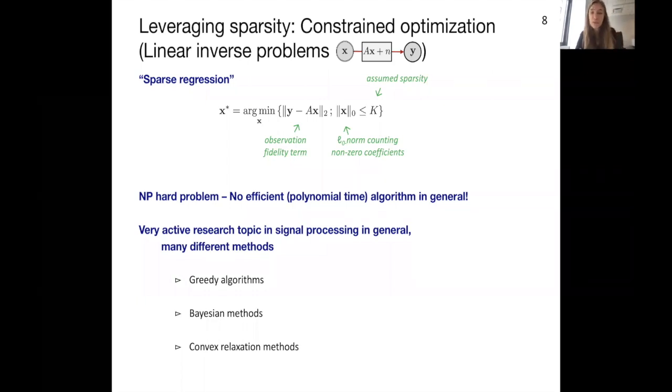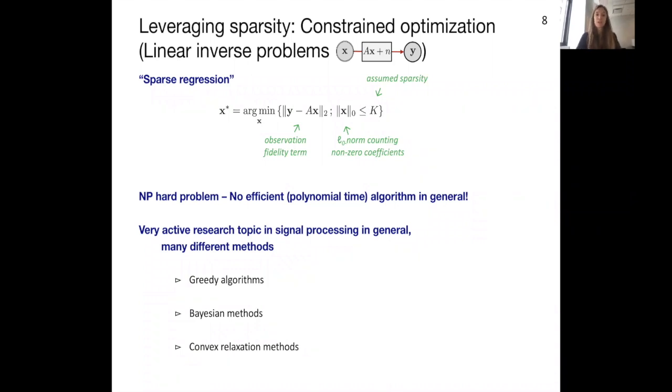There are Bayesian methods, which we heard about from Bob yesterday morning, that are going to try to model some prior information about the system, and also incorporate a model for the stochasticity of the observations.